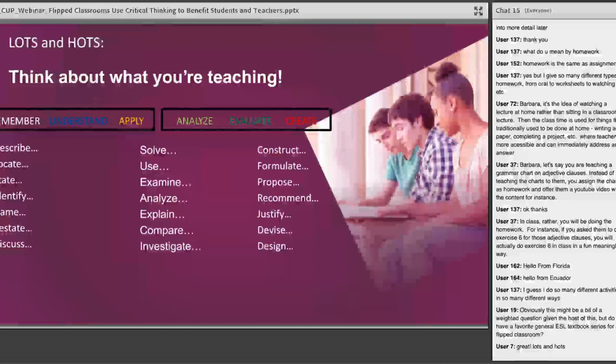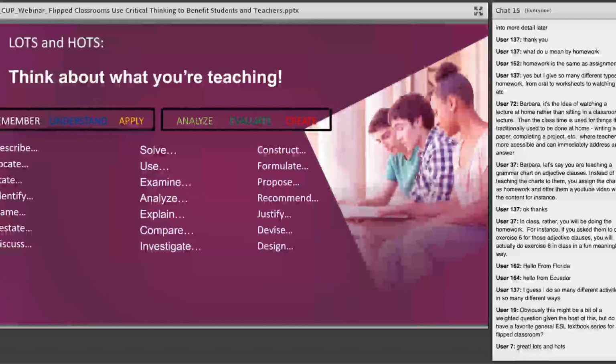Now, to give an example, if my listening students were listening to a passage about a marketing strategy, some sort of business English type lesson, I would, of course, make sure that they understood what I had them listen to. I'd have them make an outline. I'd have them list the steps in the marketing strategy. But then I want to move higher.